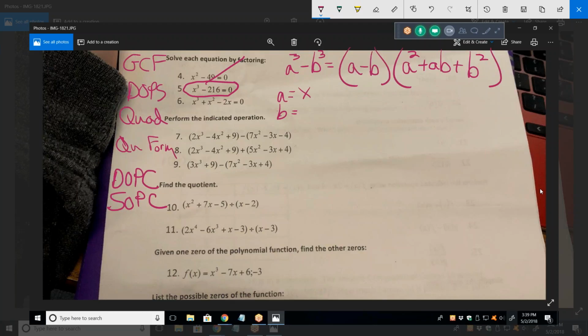What's the cube root of 216? Always know it's going to be a whole number, and it's going to be a small whole number. Wait, how do I figure that? Well, it's either going to be 2, 3, 4, 5, or 6.